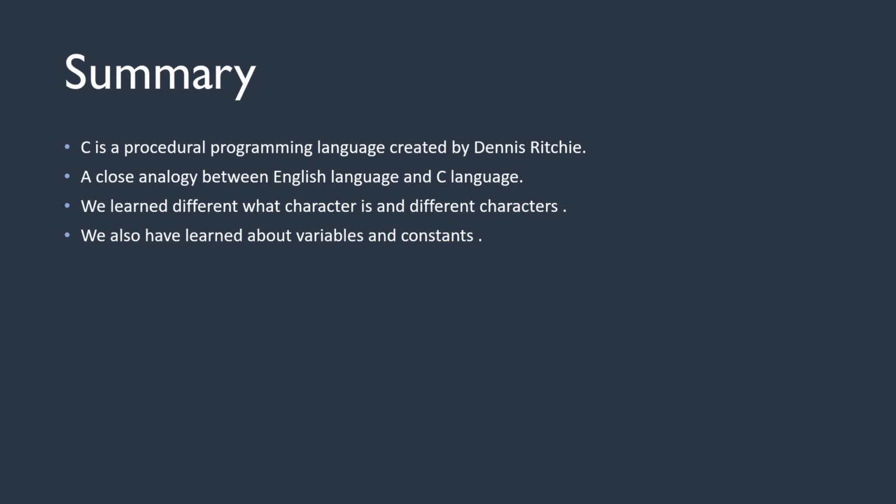I hope you liked this lecture, and the summary is that we have learned that C is a procedural programming language created by Dennis Ritchie, and a close analogy between the English language and the C language, right?